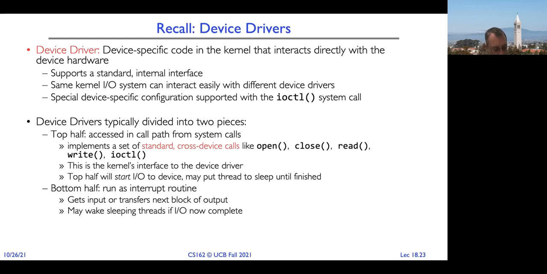The piece of software which bridges the operating system API with the controller API is called the device driver, right? It's a piece of code which runs in the operating system, in the kernel. And this piece of code implements the Unix IO API.